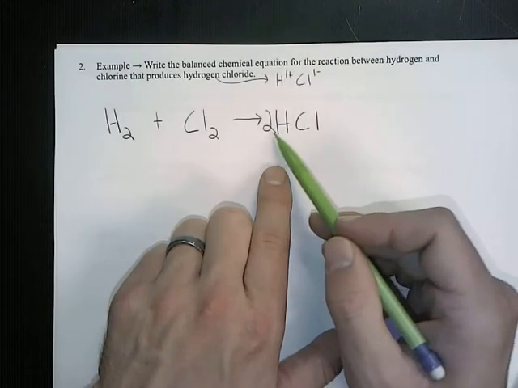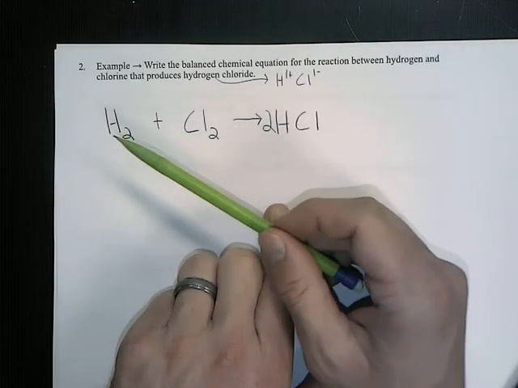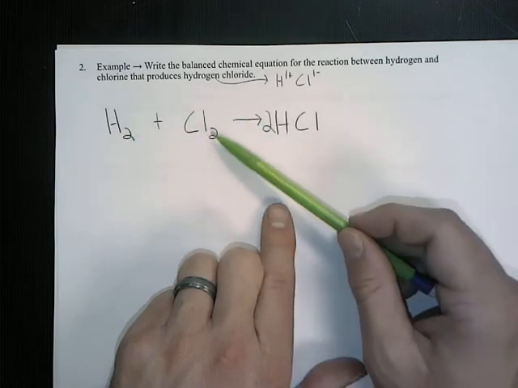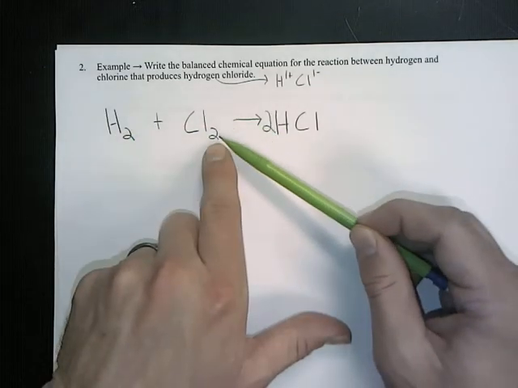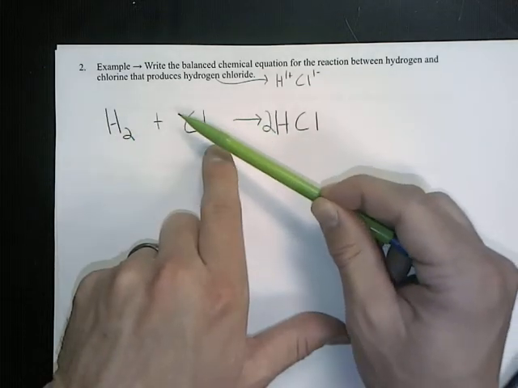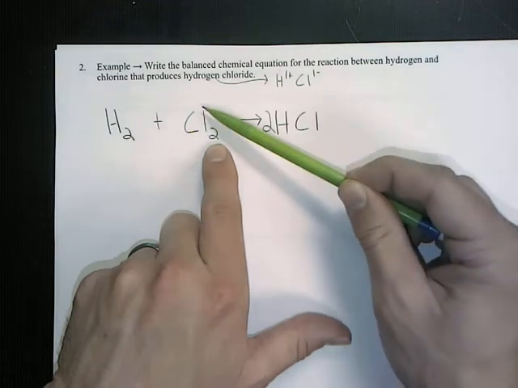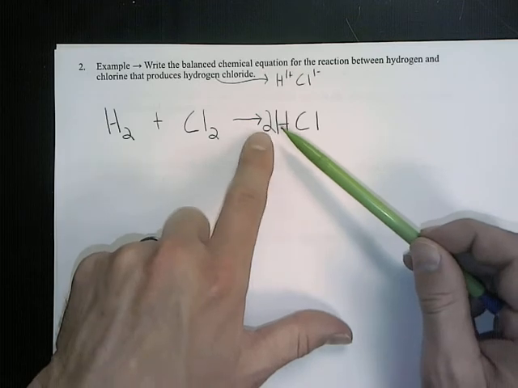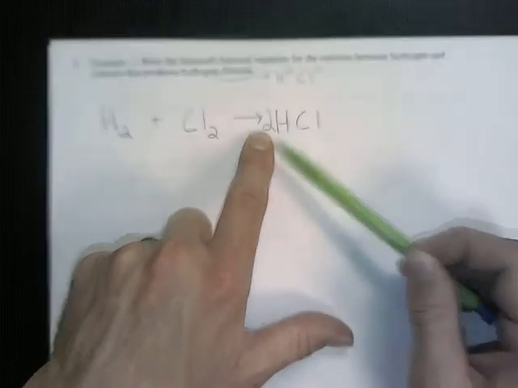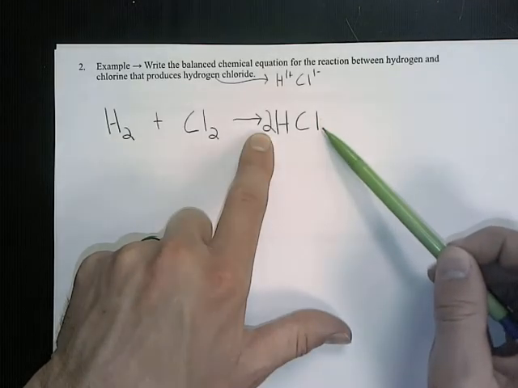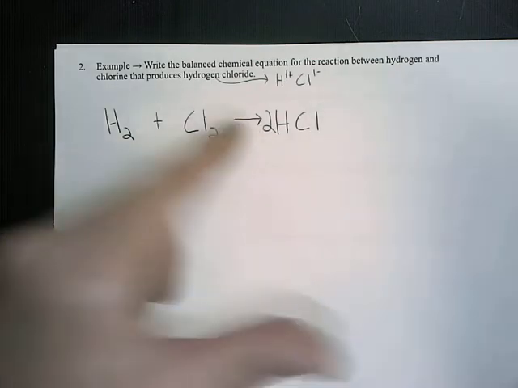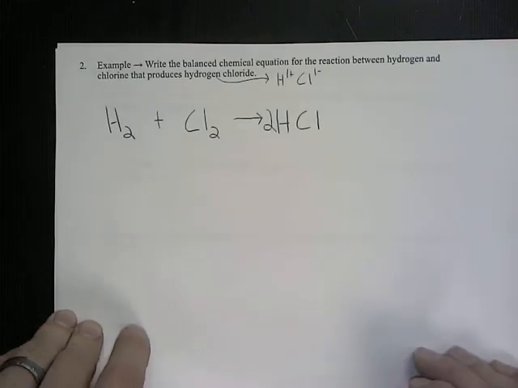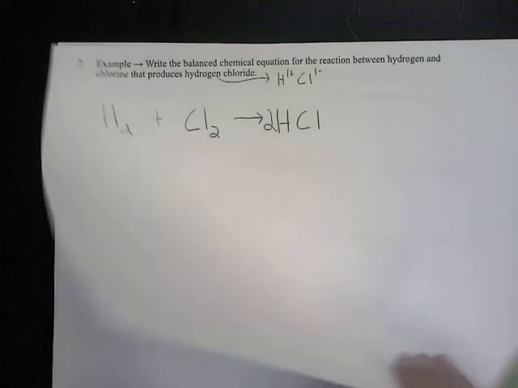This gives us 2 H's to equal our 2 H's on our left. Now Cl has 2 on the left by taking the coefficient 1 times 2, so 2 as our Cl. And on this side, this coefficient also applies to the Cl. So we would have 2 times 1 for the Cl, so that would give us 2 Cls. That equation is now balanced.